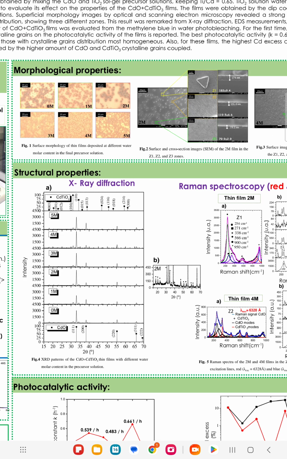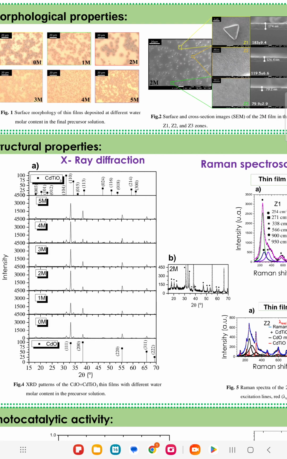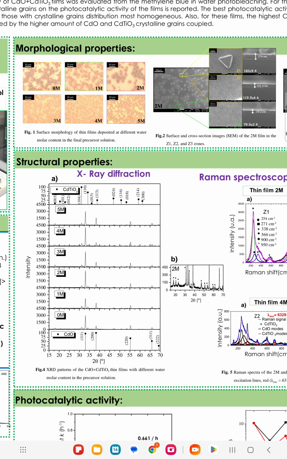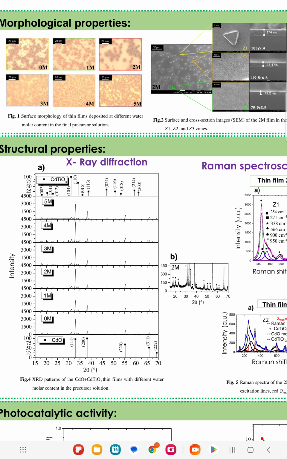We can see from the intensity of the signals between the 2 phases that cadmium oxide is present in more quantity in comparison with cadmium titanate. And as we can see from the intensity of the signals corresponding to cadmium oxide, the signals corresponding to cadmium titanate are not so visible in the figure.